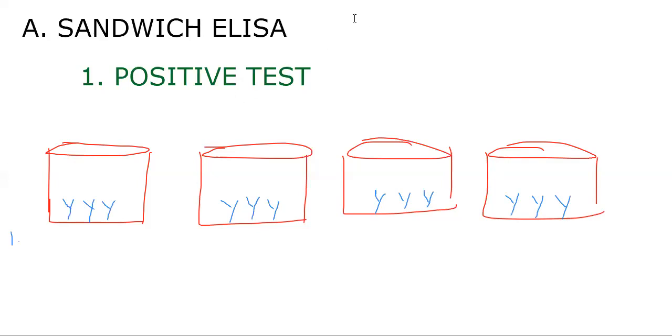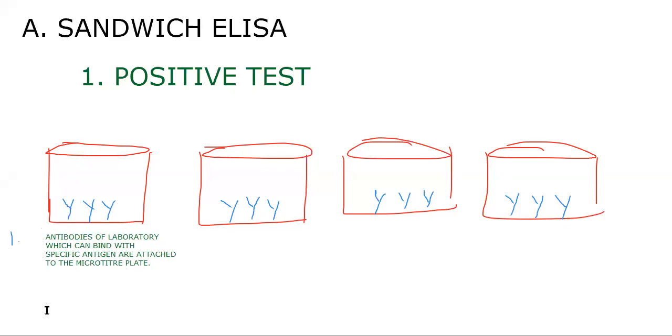I am writing the notes for the first plate: antibodies of laboratory which can bind with specific antigen are attached to the microtiter plate.